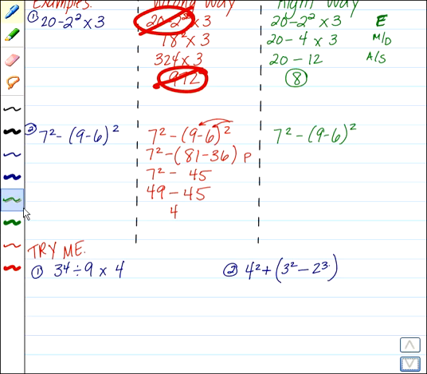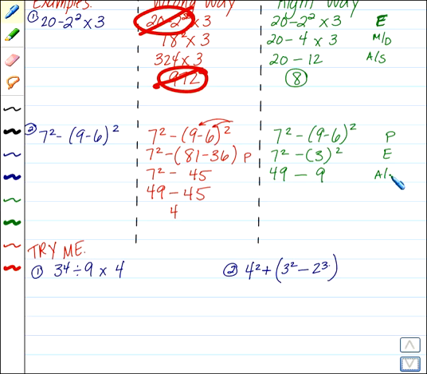But let's look at what happens when we do it the right way. If we dealt with the parentheses before we distribute the exponent, which technically you're not allowed to do, we get 7 squared minus, this is 9 minus 6, which is 3, squared. Now if we look at the exponents, we have 7 squared, which is 49, minus 3 squared, which is 9.